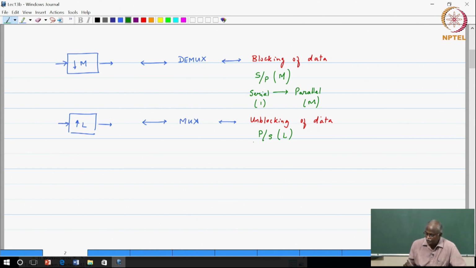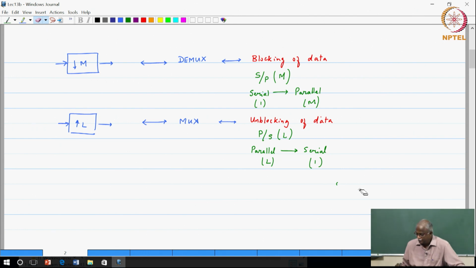So, this upsampling by L, in combination with some delay elements or advance elements, will give us the multiplexing, the demultiplexing, and also the blocking and unblocking of data. So, these two blocks are useful for us. Parallel to serial has L channels on the parallel side and the serial side will be 1.